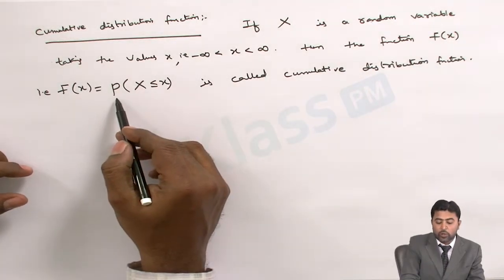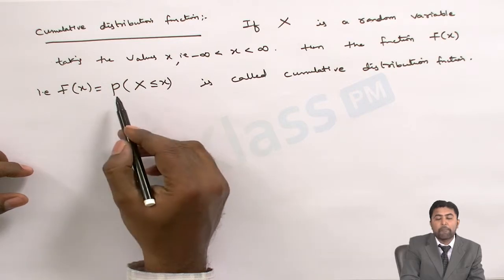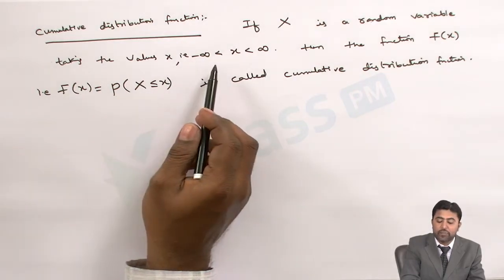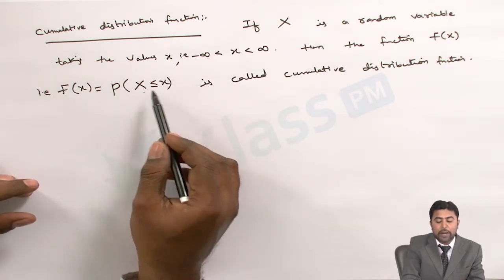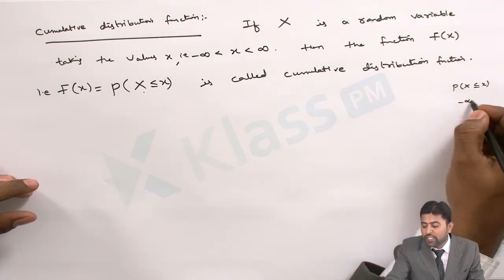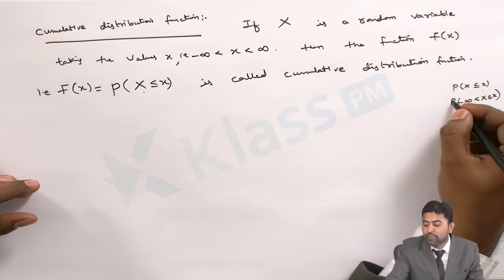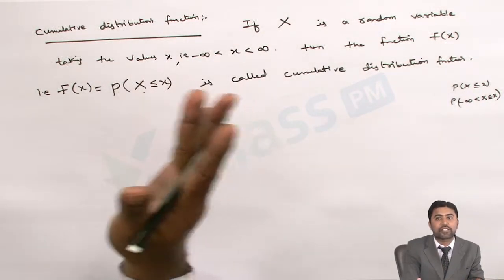See the term what I wrote, P of X less than or equal to x. It means minus infinity to x. As x is varying between minus infinity to plus infinity, here P of capital X less than or equal to x means minus infinity less than X less than or equal to x. Cumulative: right from minus infinity, whatever values you get up to x, you have to sum them.